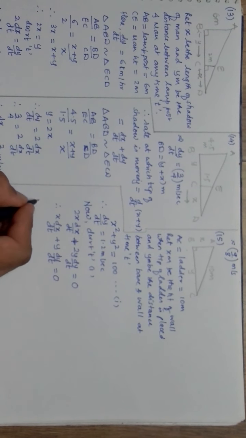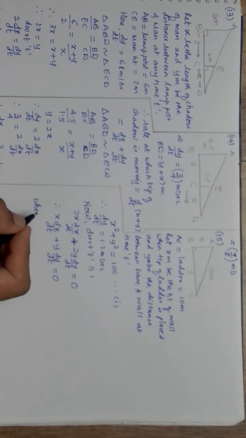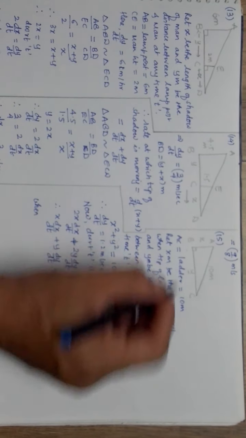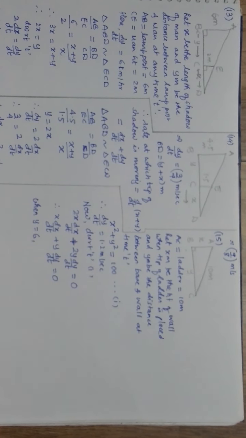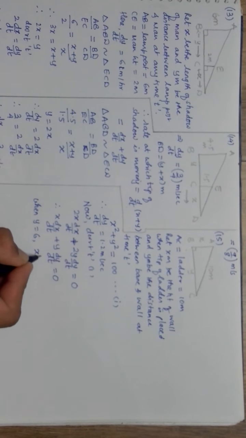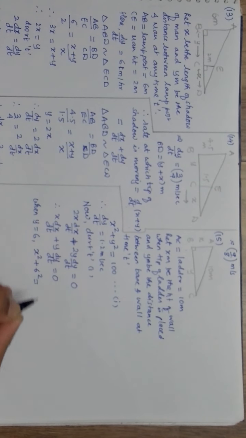Agreed? So when he says 6 meter away from the wall, that means this y is equal to 6. Then what will happen to the value of x at that time? That is, when y is 6, the length of the ladder is the same only, so x will have some value. So when y is equal to 6, therefore x square plus 6 square will be your 100. So obviously 100 minus 36 means 64.